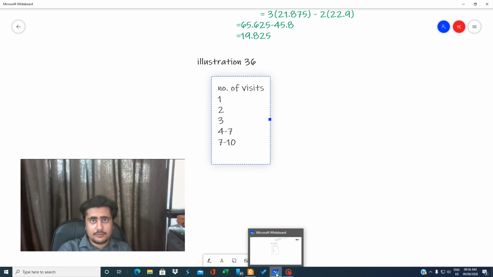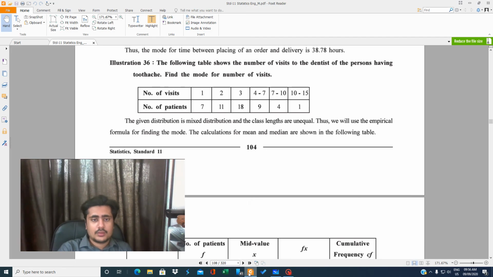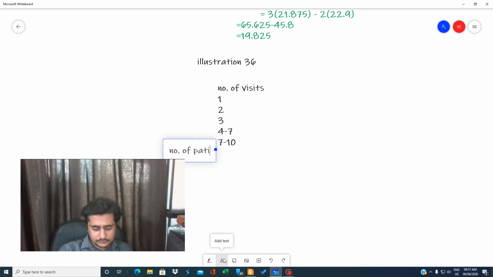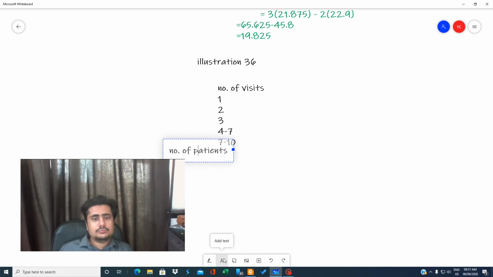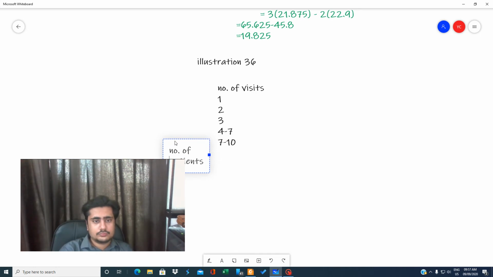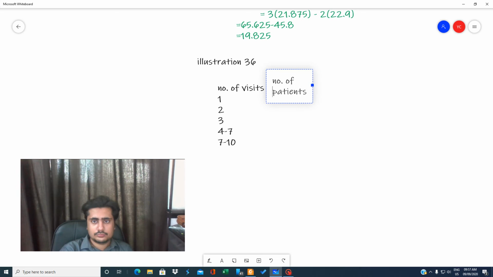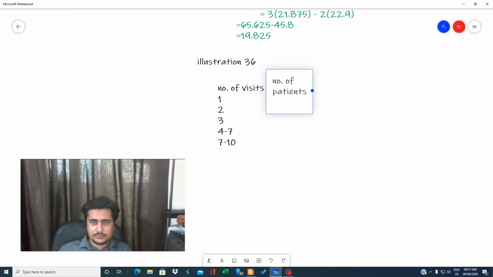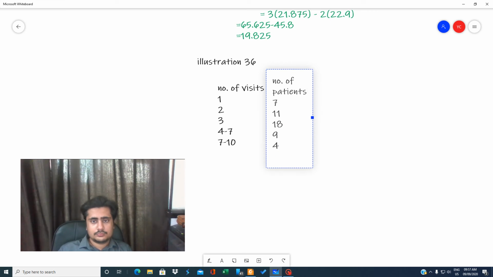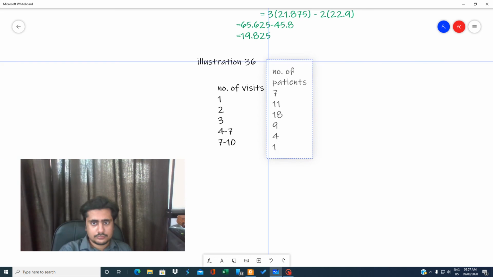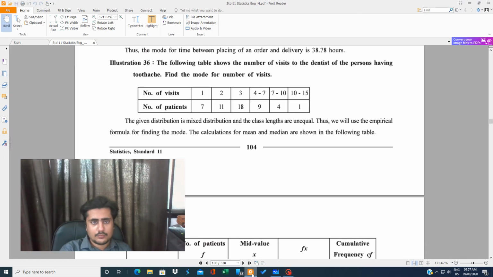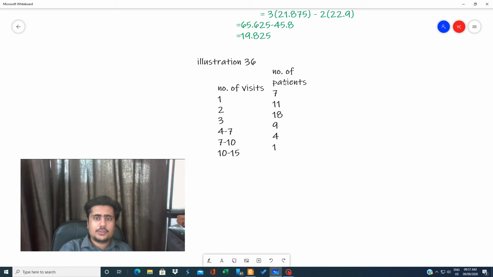Then let us write the frequency, number of patients: 7, 11, 18, 9, 4, 1. Now the question is that you have to find the mode.